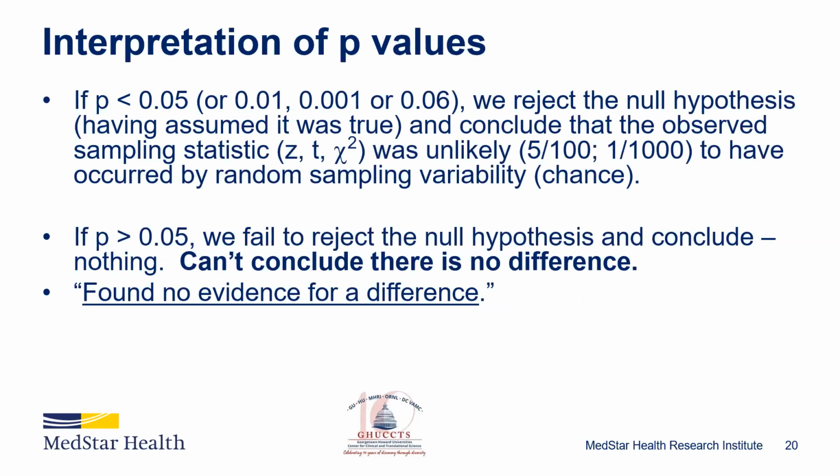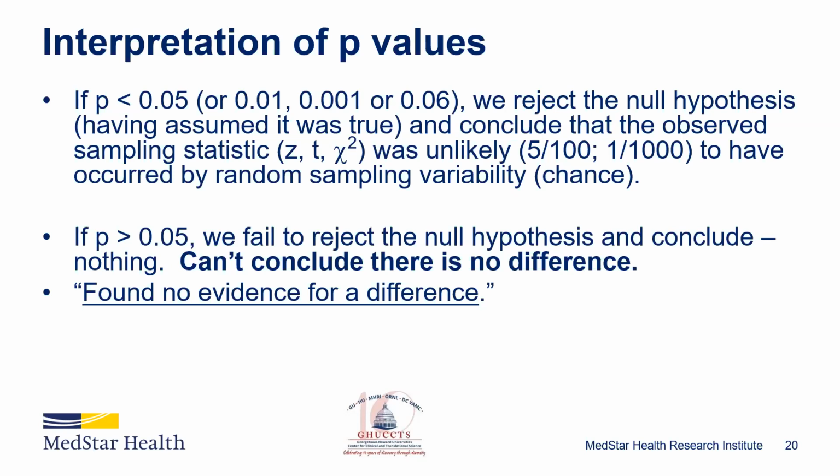So we've mentioned this before about interpreting a p-value. If our p-value is less than 0.05, or whatever we set it at, 0.01 or 0.001, then we reject the null hypothesis, having assumed it was true, and we conclude that the observed sampling statistic, whether it's a t-statistic or chi-square, was unlikely to have occurred by random sampling variability or chance.